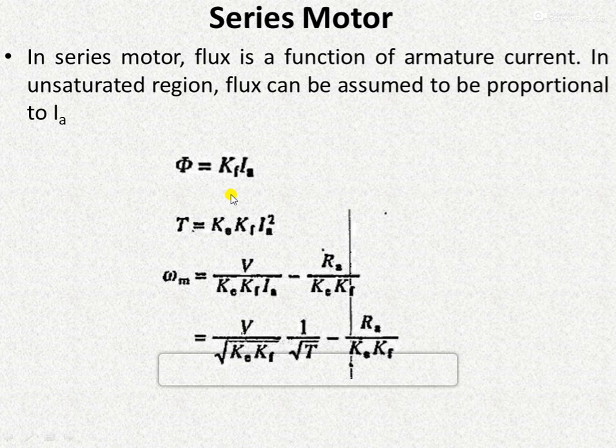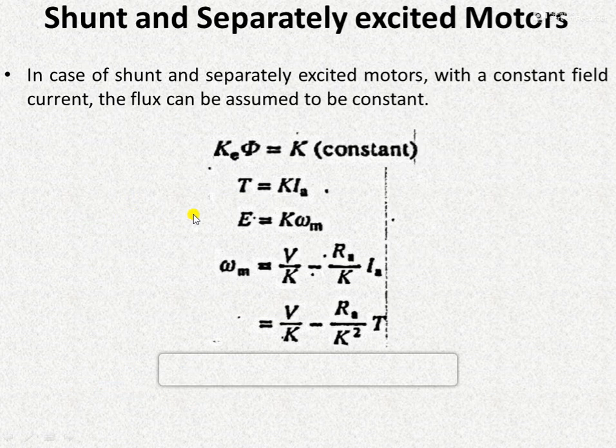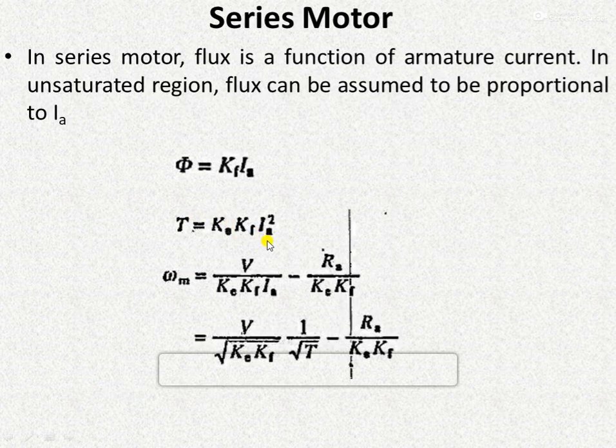We very well know that from the standard relation, torque is equal to Ke phi into Ia. So in this relation, instead of phi, we will make the substitution Kf into Ia. Hence the relation gets modified into the form Ke Kf into Ia square. Making the substitution of phi is equal to Kf into Ia in equation number 4, equation number 4 gets modified into this form.